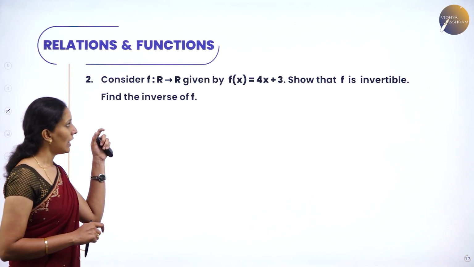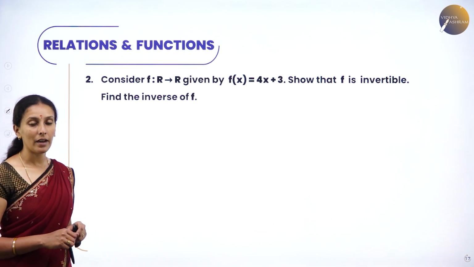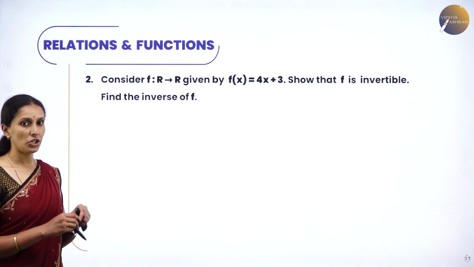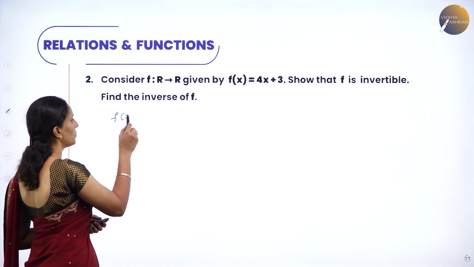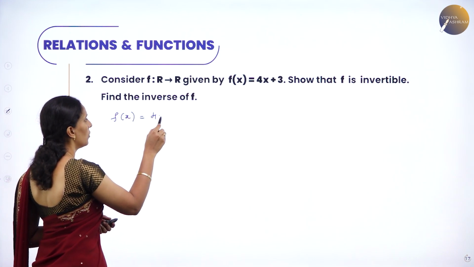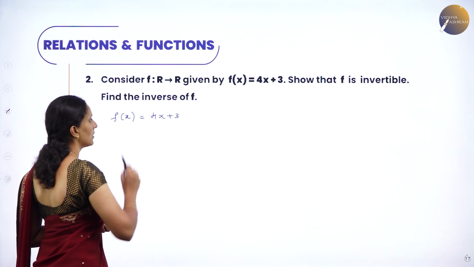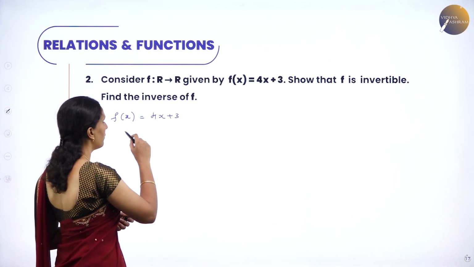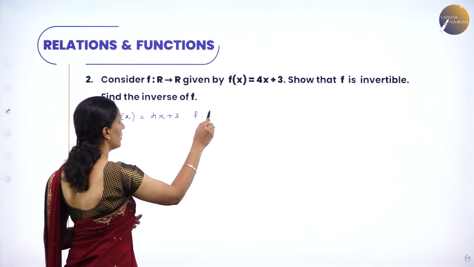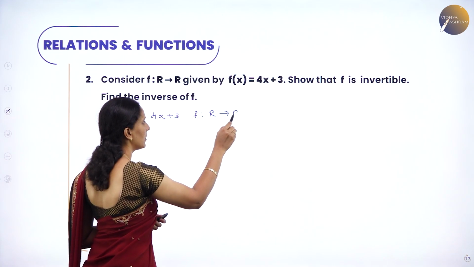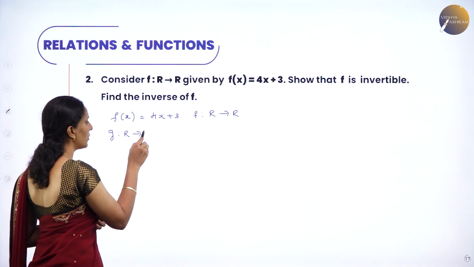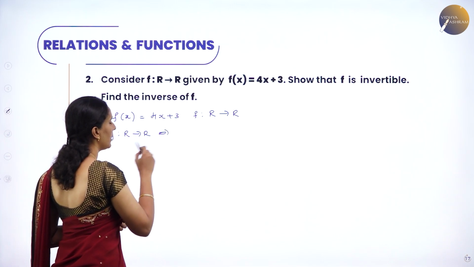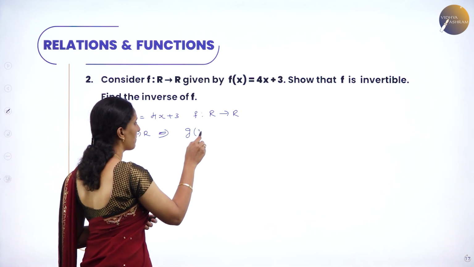Now first let us prove this using the composition of g naught f and f naught g. Now if f of x is equal to 4x plus 3, here we have f as a function from R to R, then there should exist g, a function from R to R, which is defined by g of y.